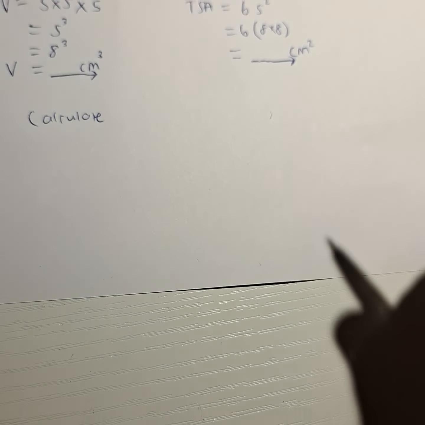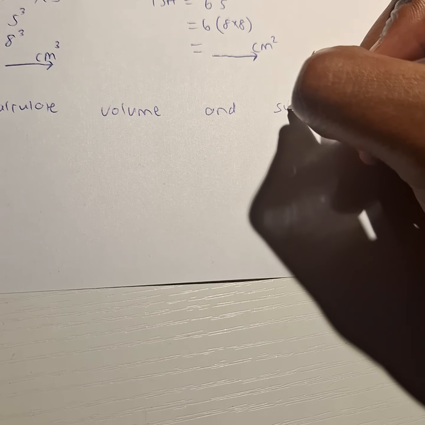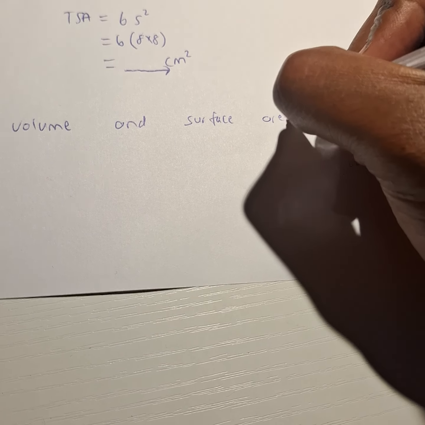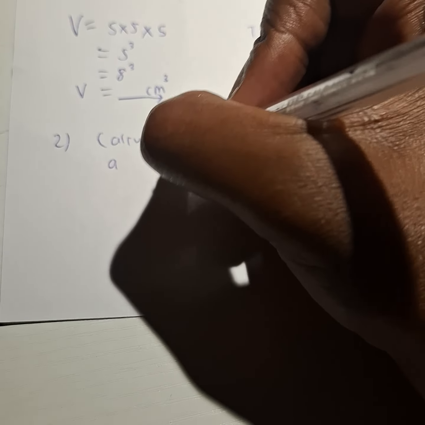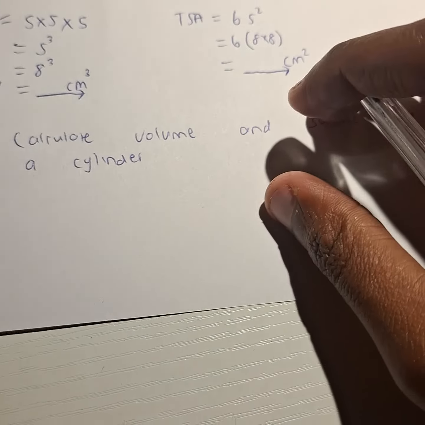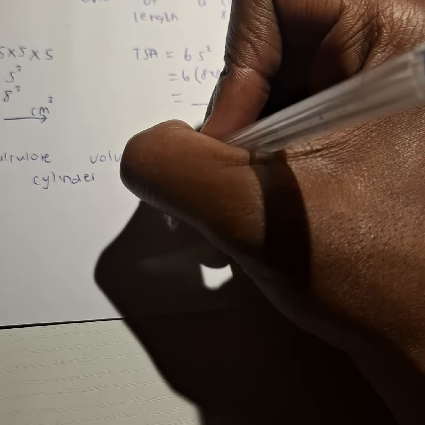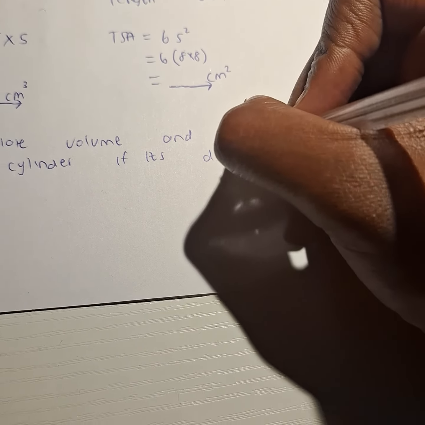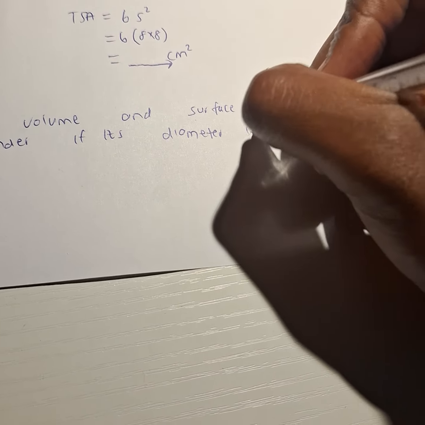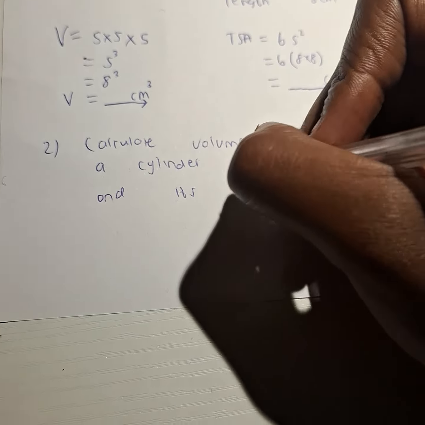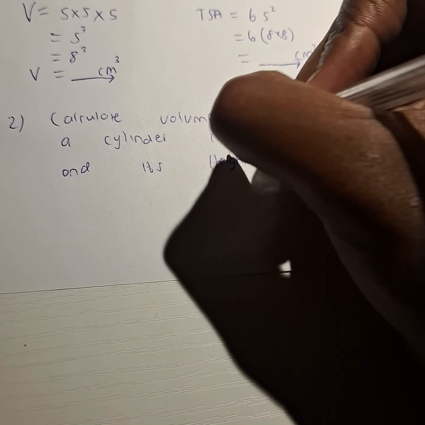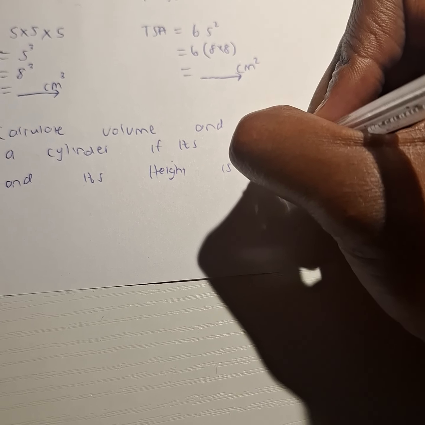Okay, then I want to do the following question. Let's say we had a question like this: calculate the volume and surface area of a cylinder if its diameter is 7 centimeters and its height is 20 centimeters.